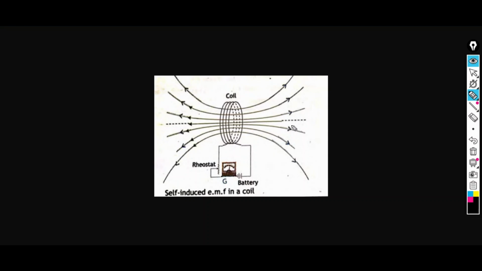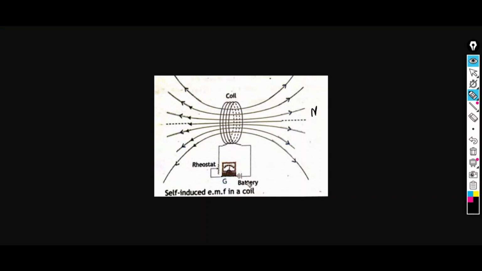In other words, this side of the coil will be the north, and again this will be the south, and again this will be the north, and this process will occur 50 times in a second. The change in the direction of this magnetic field will occur 50 times in a second.